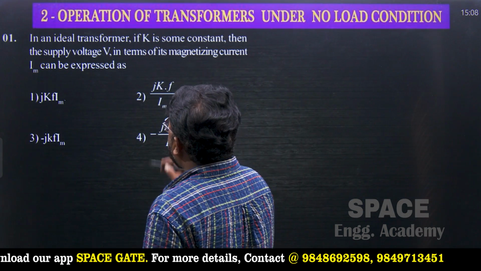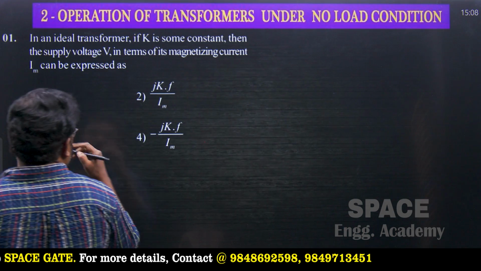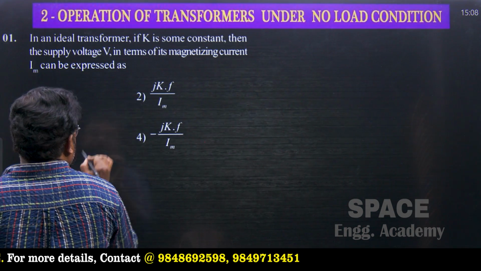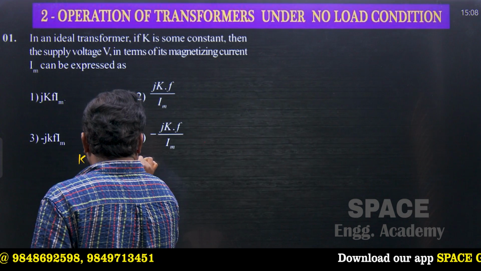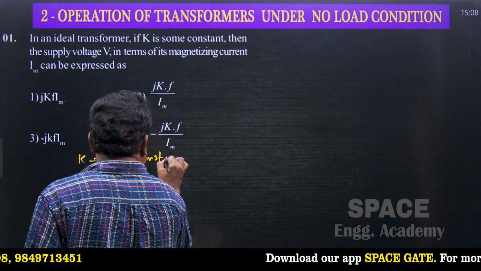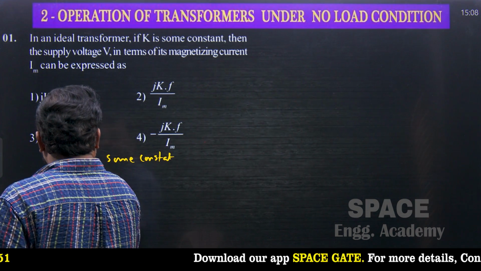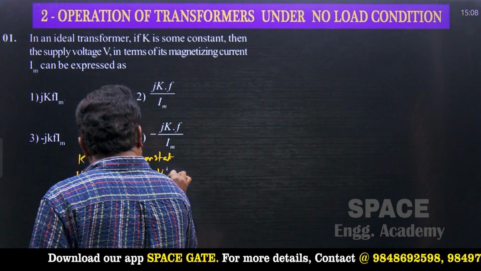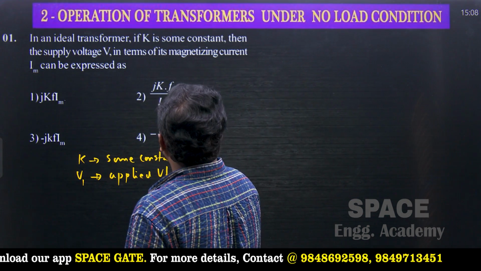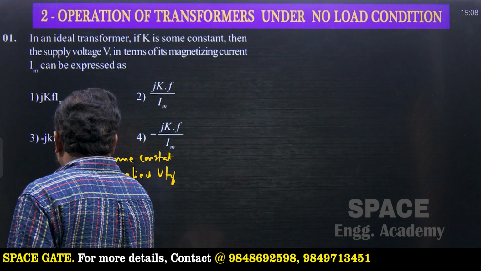K is a constant, not a transformation ratio, V is the applied voltage V1 of the transformer, and IM is the magnetizing current.